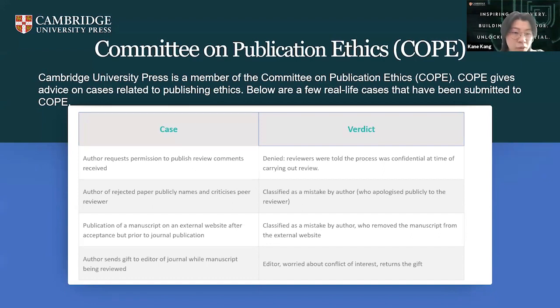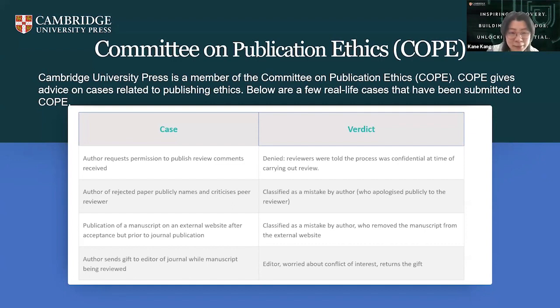And number two, author of rejected paper publicly names and criticizes peer reviewer. The verdict: classified as a mistake by the authors, who apologized publicly to the reviewer. So it's just about your writing.